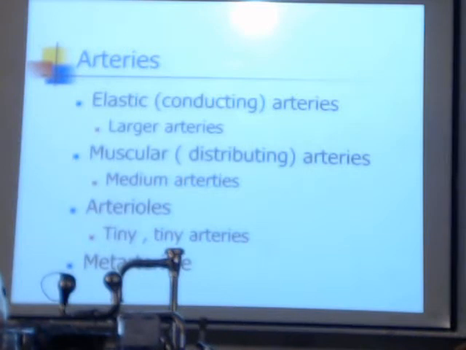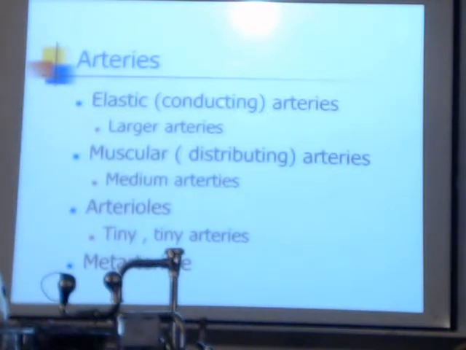As the arteries branch out and become smaller as they go towards our hands and feet, they can be a little bit thinner, because blood is distributing from there. It goes down into the arterioles, which are very small arteries, and they connect to a metarteriole, which are the connections to the capillary web or capillary network.